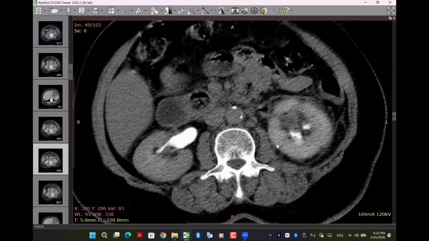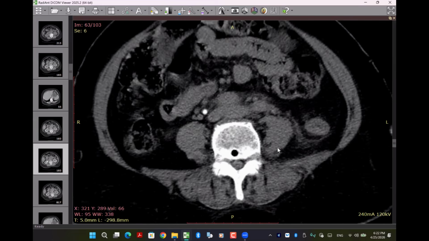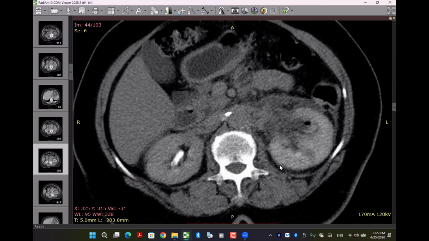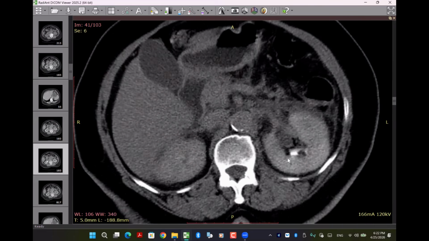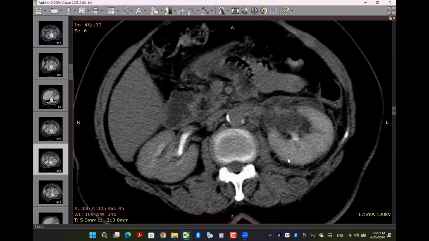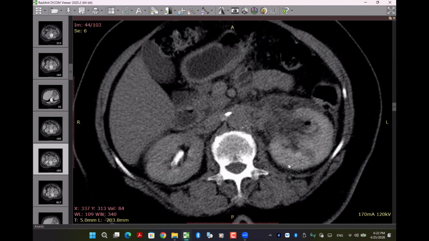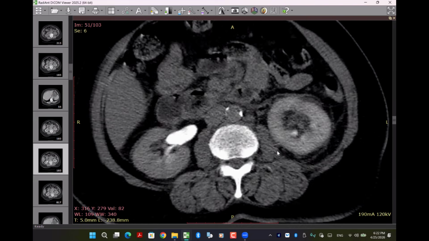Actually, the urologist will ask you a specific question: is this an obstructed kidney, is this emphysematous pyelonephritis or emphysematous pyelitis, which is the less severe form, or can we wait with medical treatment?